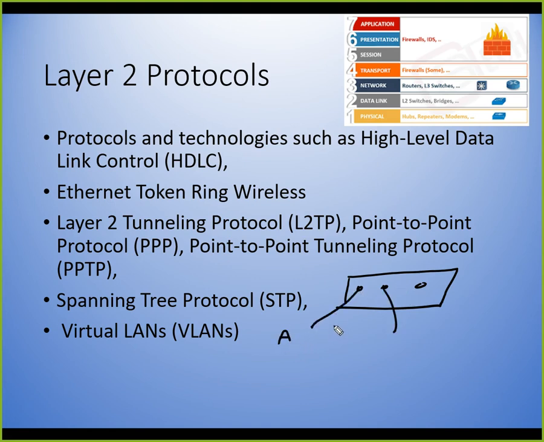So if I have A here on port 1, B here on port 2, and C here on port 3, when the MAC address table is constructed, and we'll look at how it's constructed when we talk about switches, we have the ports listed 1, 2, 3, and the MAC addresses that are on it, A, B, C. When A wants to go to B, it gets into the switch, and the switch looks at the destination MAC address and says, hey, you're going to B. I know where that is. So it sends it directly to port 2. C over here never sees that traffic.